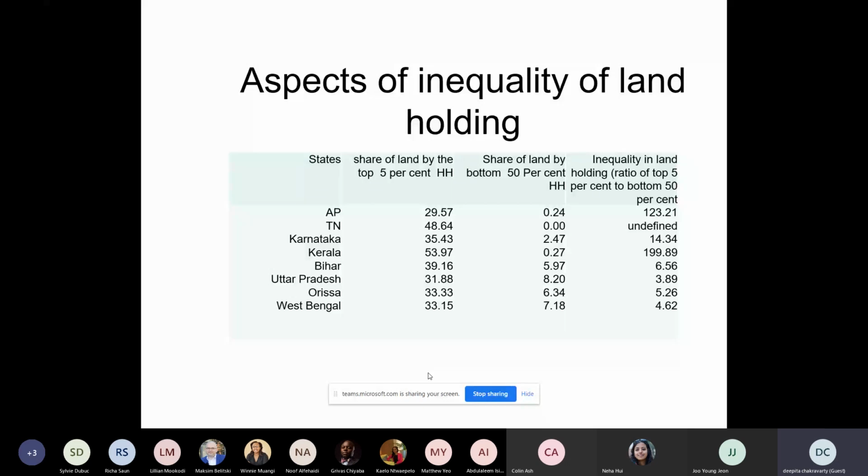So what I was trying to argue is this: in an economy, in a state, if the landholding pattern is relatively more equal, if there is a state where the maximum amount of land is actually held by small peasants and there are not many large holders, the concentration of land in few hands is much less.